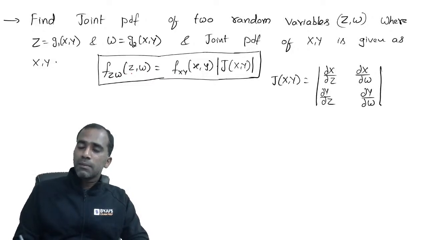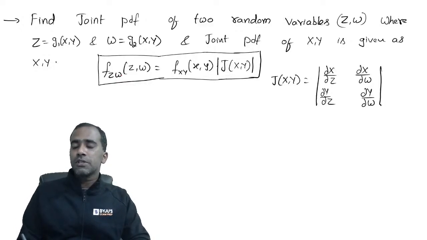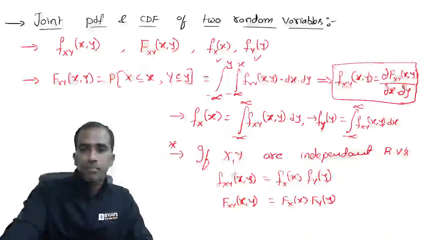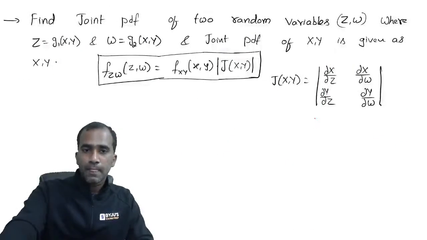You can find the PDF of z and the PDF of w just by integrating this. If you can get the second order density function, you can find the first order density functions using the relationships that we have discussed previously.